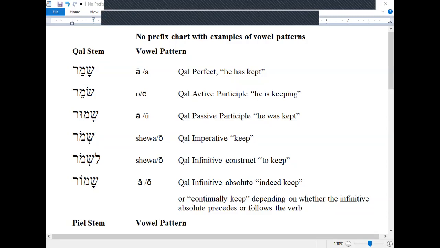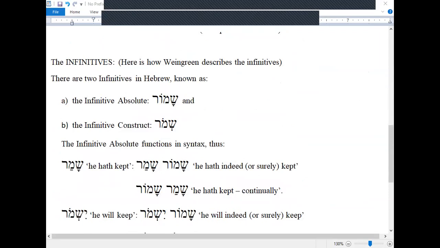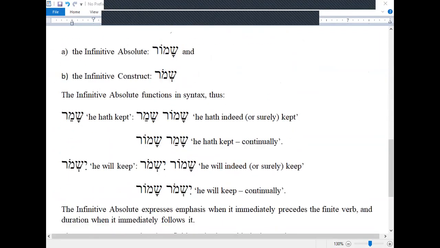However, if it appears after the verb, it means basically you would say he will keep continually. So if you were doing that, it would be shamor yishmor, he indeed kept.